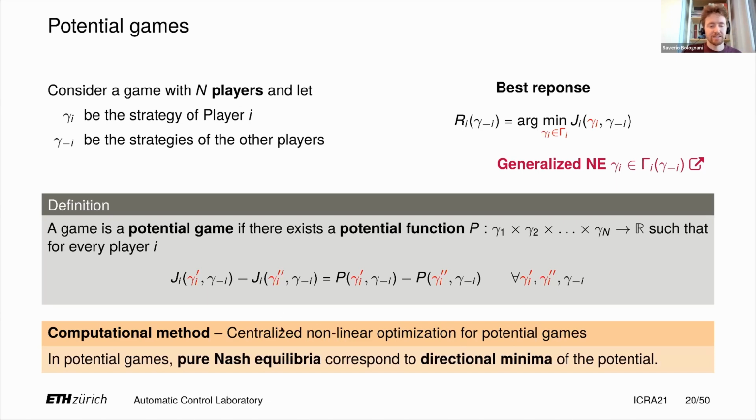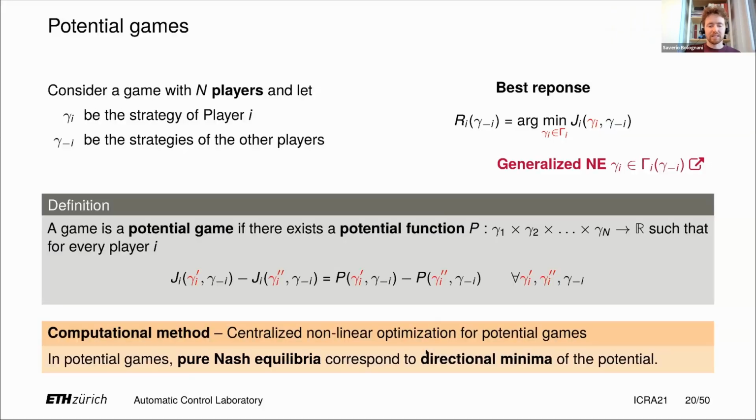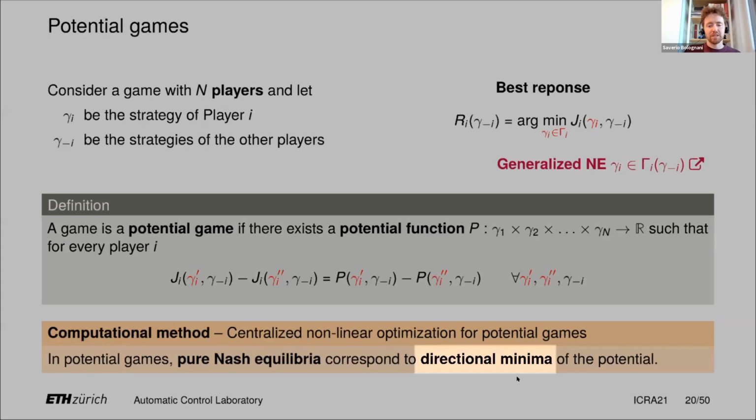And there are two useful results here. The first one is that we know we have to look for pure Nash equilibrium. I mean, there might be a mixed Nash equilibrium, but we know pure Nash equilibrium exists. And there are good reasons and good applications where pure Nash equilibria are preferable. The second important aspect of this result is that the directional minima are an optimization problem, not a fixed point problem.